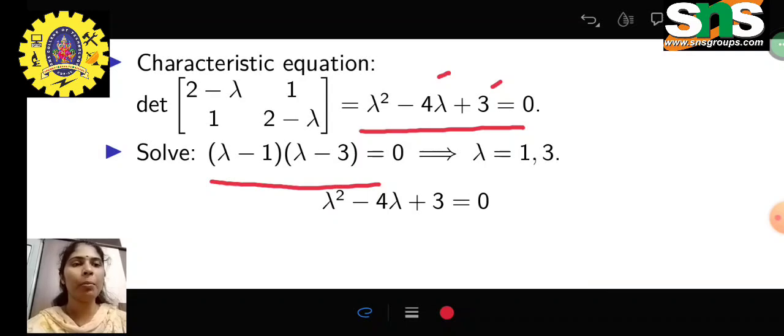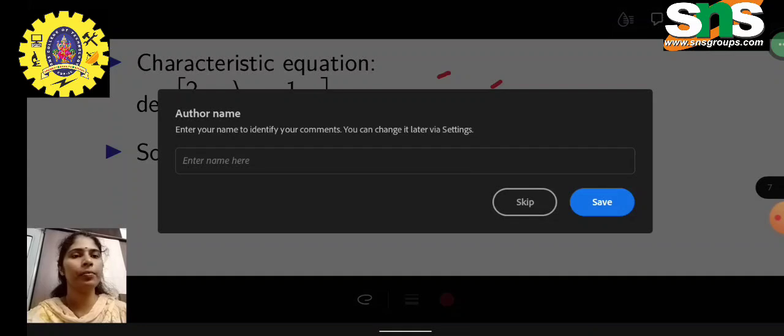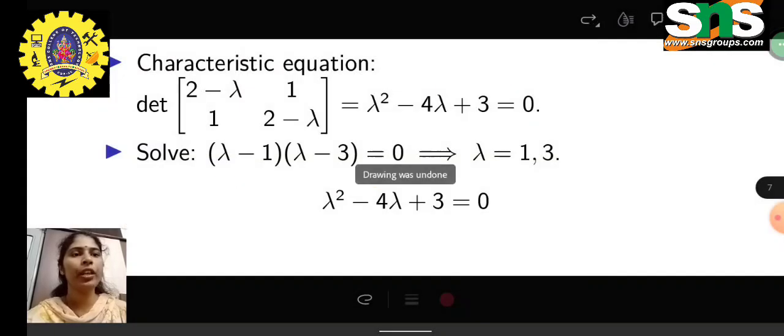So when we take -3 and -1, we will get -4, and on multiplying that we will get +3. So therefore the factors can be written as lambda minus 1, lambda minus 3 equal to 0. Therefore we get the lambda values to be equal to 1, 3.